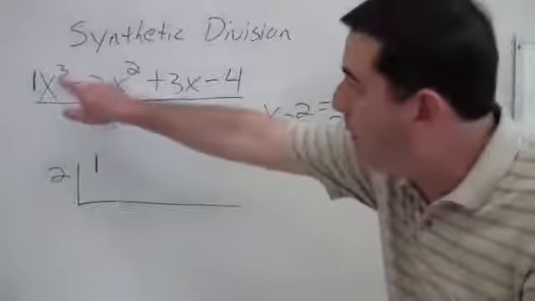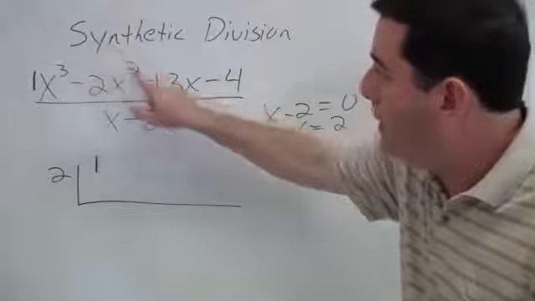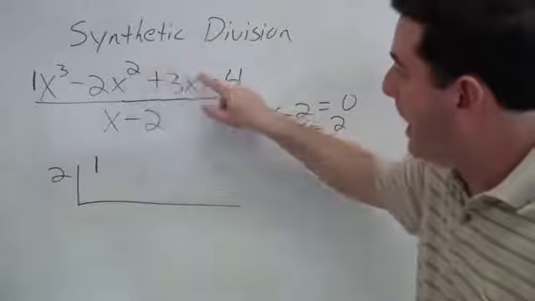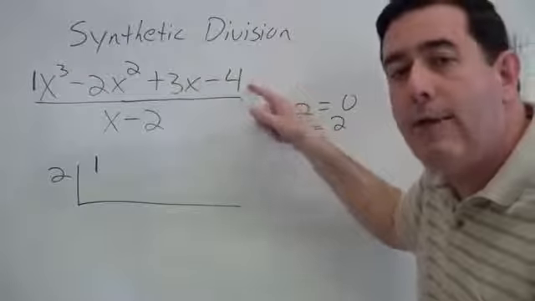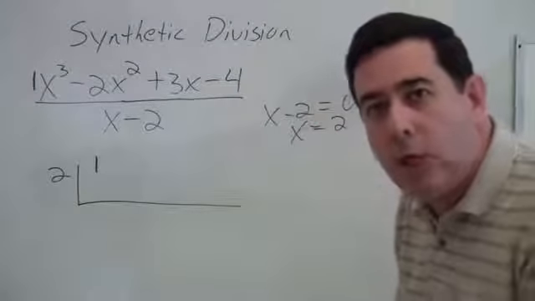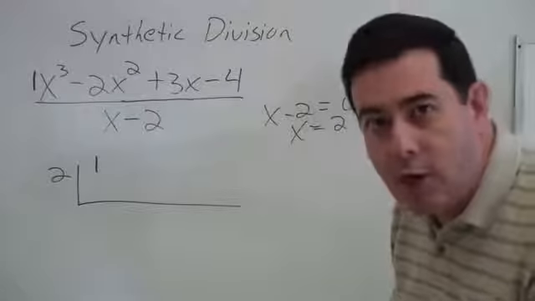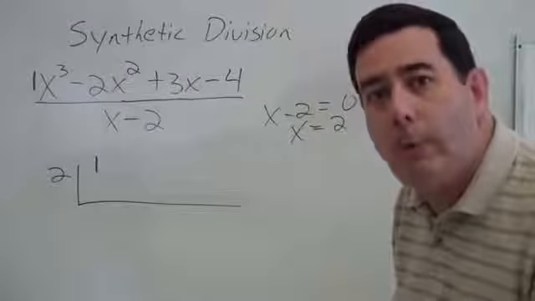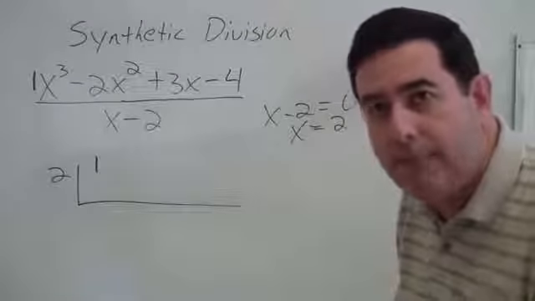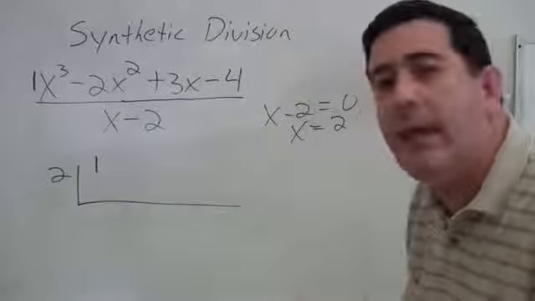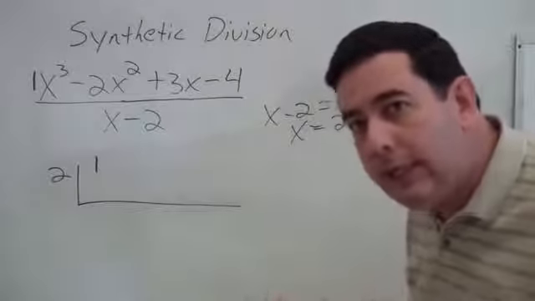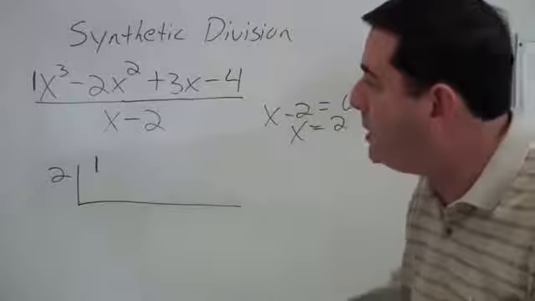You started off with an x cubed. There is an x squared, there is an x, and there is a constant value, so there are no missing terms. If terms are missing, you have to put 0 in your box to hold the place of anybody that is missing. This one wasn't missing anything, so we can just keep going listing our coefficients.